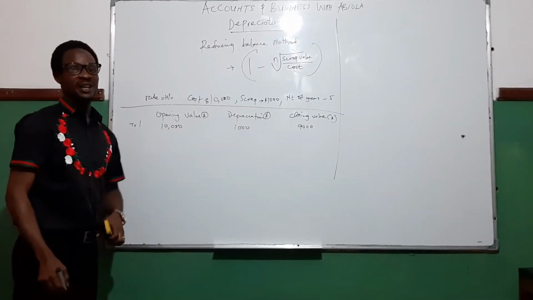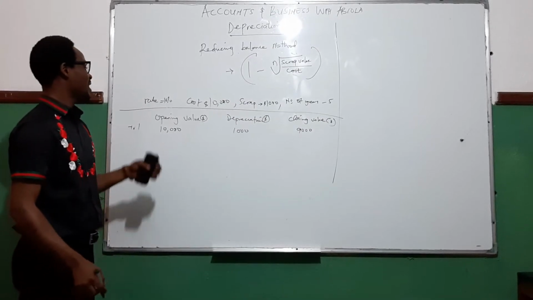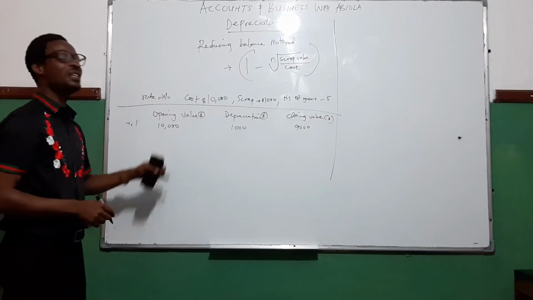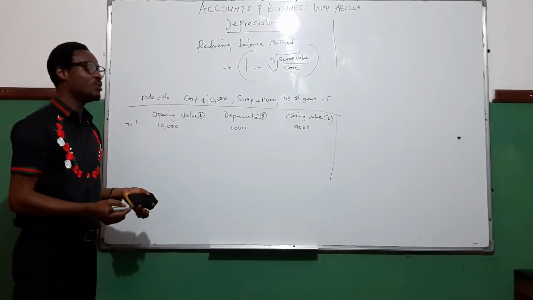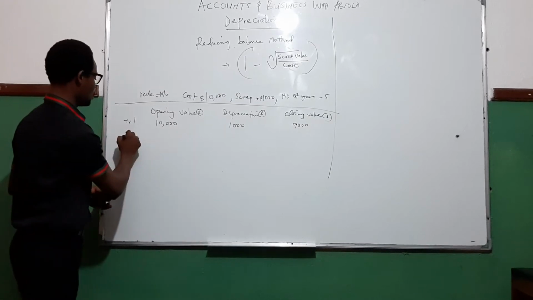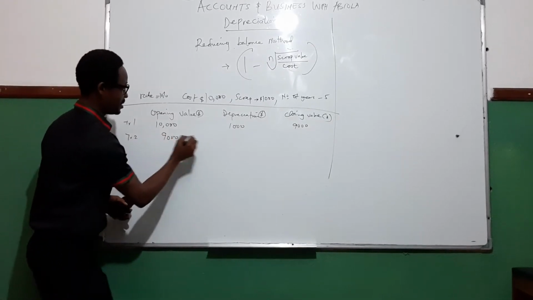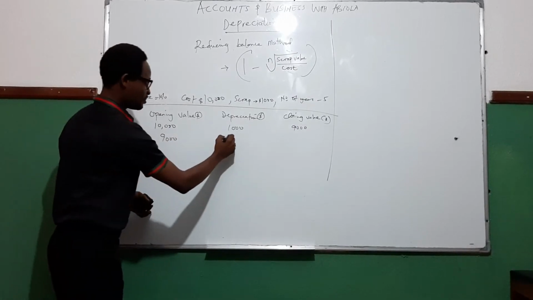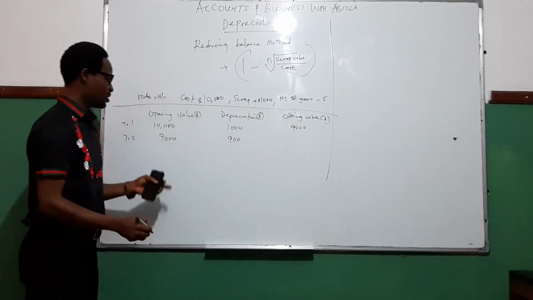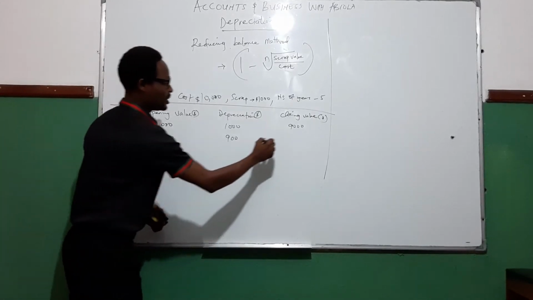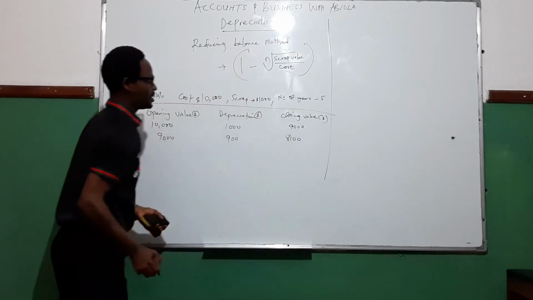The following year, it will be 10% of the beginning value. And what's the opening value at the beginning of year 2? That is 9,000. So 10% of 9,000 is 900, and 9,000 minus 900 is 8,100.